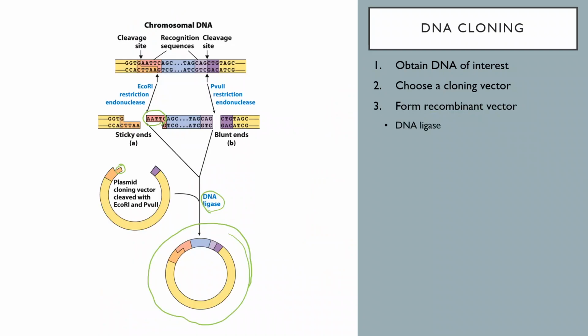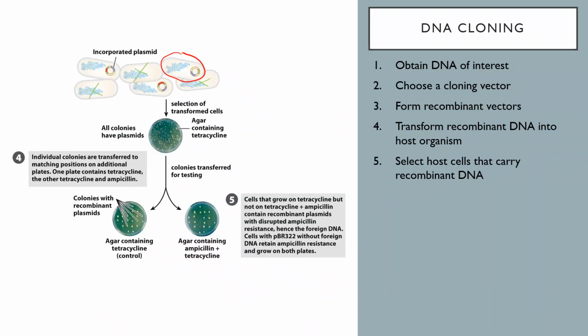So now you can grow your cells in a dish that contains ampicillin and tetracycline. Again, because you still want to kill off those cells that don't have any plasmid, but you can grow it in a dish that contains ampicillin. But of course, the downside of that is that it will kill the cells that you actually want.